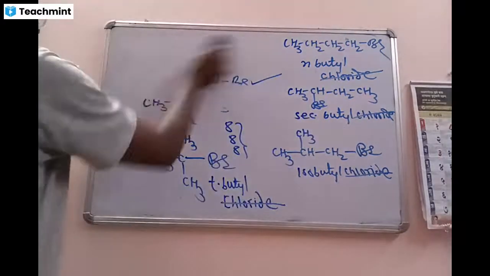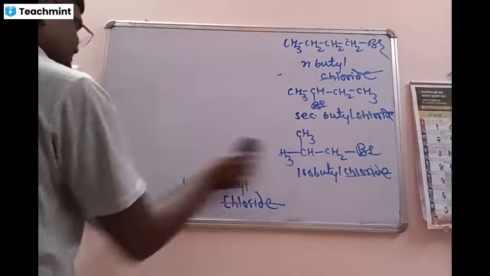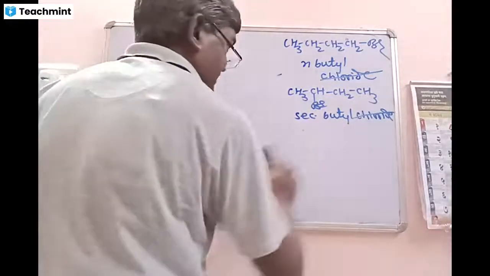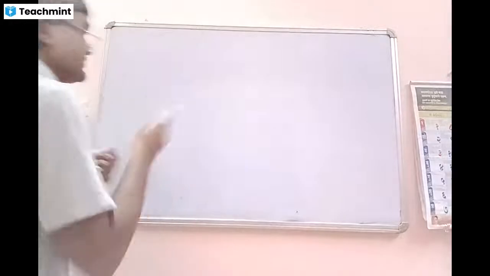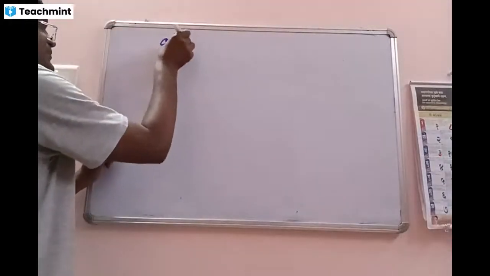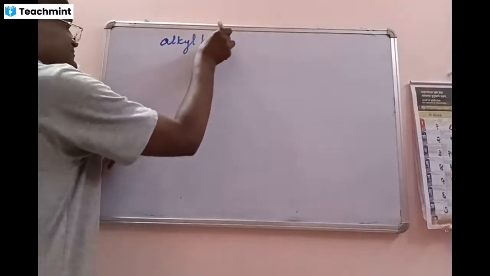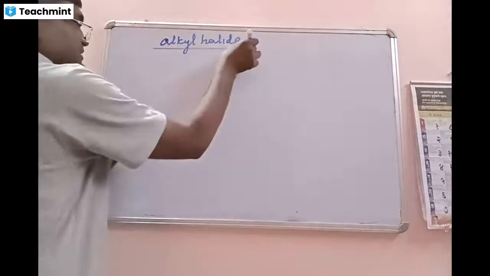A compound containing a hydroxy group, a single hydroxy group, that will be called an alcohol. All these are what? अभी जो किया हमने वो क्या थे? Alkyl halides.